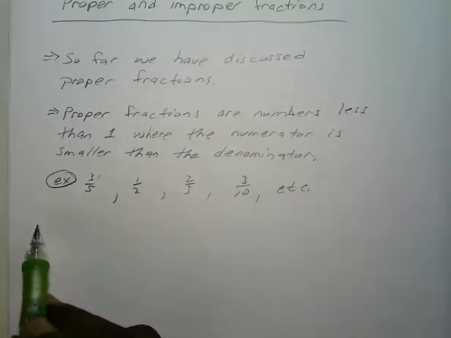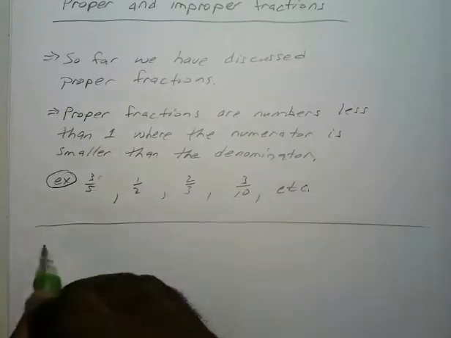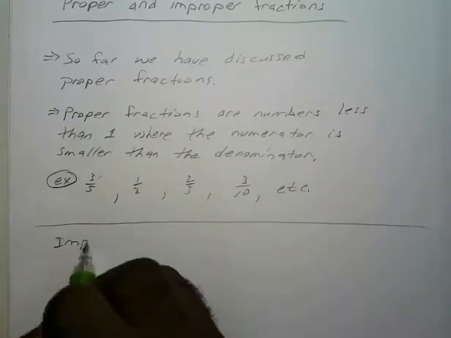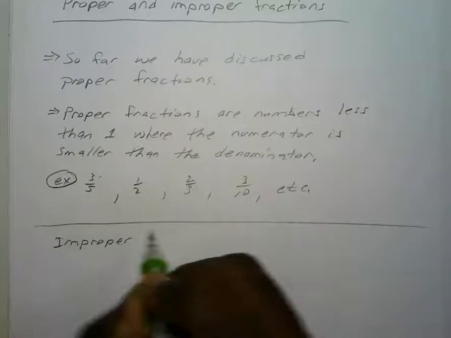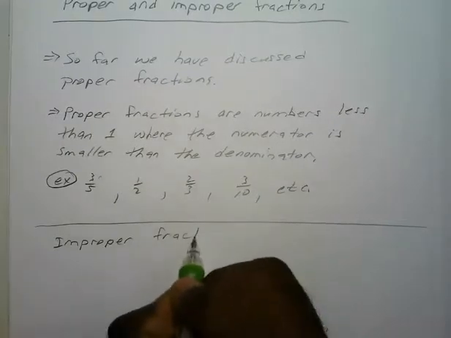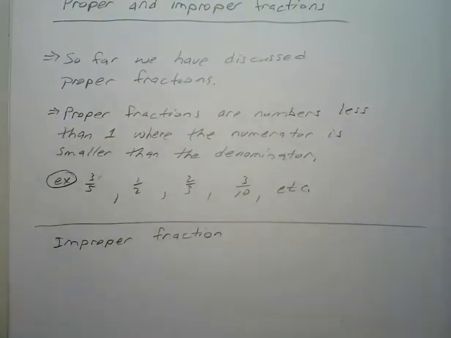Now for an improper fraction, those are numbers where the value is greater than or equal to 1, and your numerator is greater than or equal to your denominator.